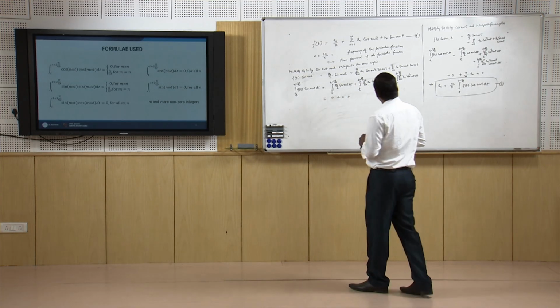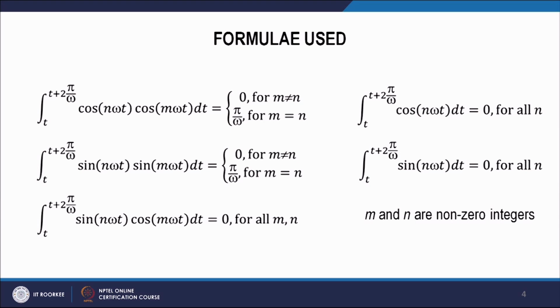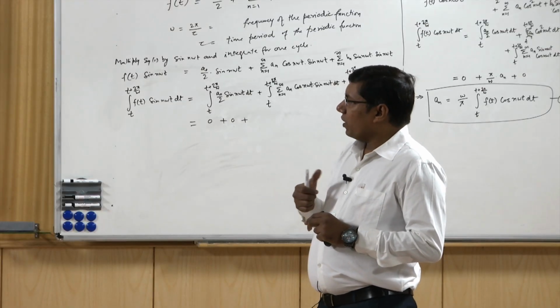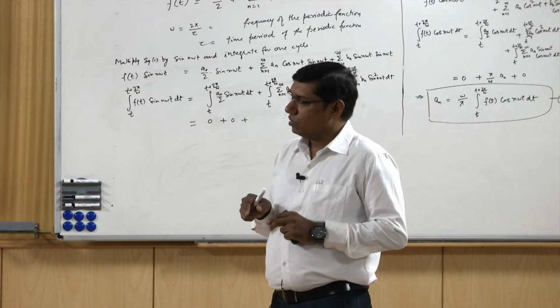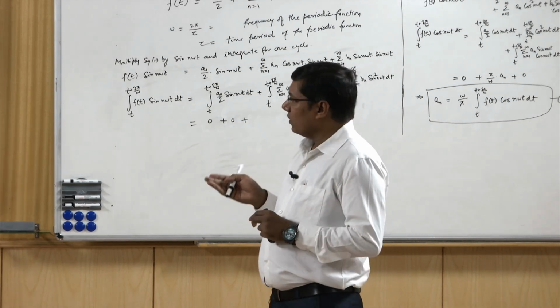Now we come to the third term, which has sin square n omega t. Again, by the second relation in the slide, the integral of sin n omega t into sin m omega t dt is equal to 0 for m not equal to n. So in the infinite summation, there will be only one term where m equal to n, and the rest of the terms, where m is not equal to n, will be 0.